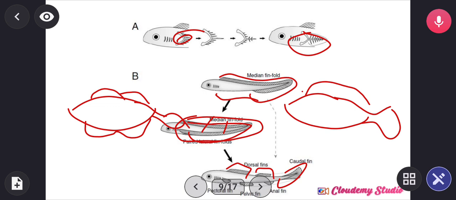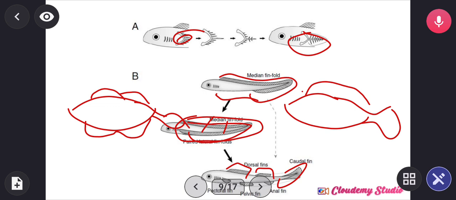Then they have to develop a particular structure that will help them in mobility, in steering and turning. So because of this, the later vertebrates evolved what we know as the paired fins. So that is the origin of paired fins.